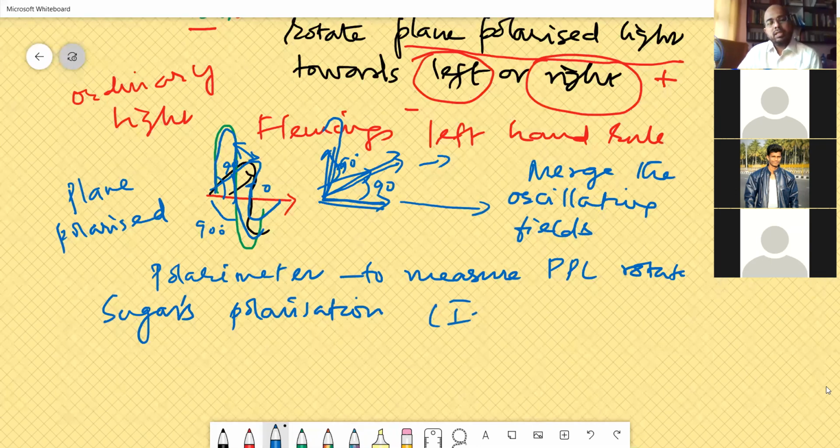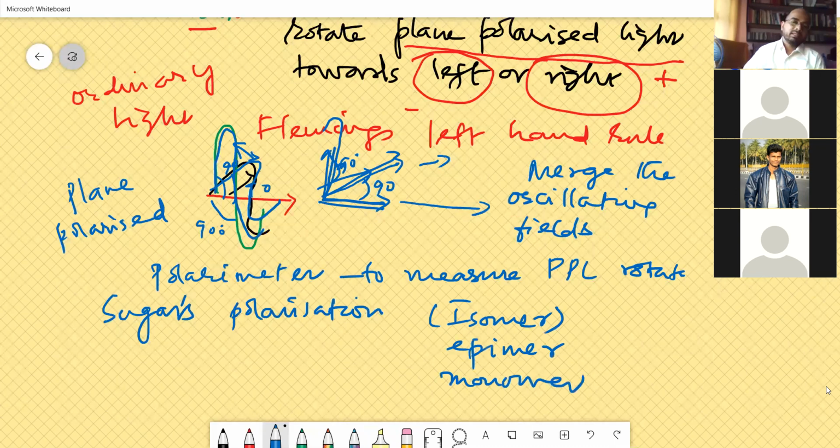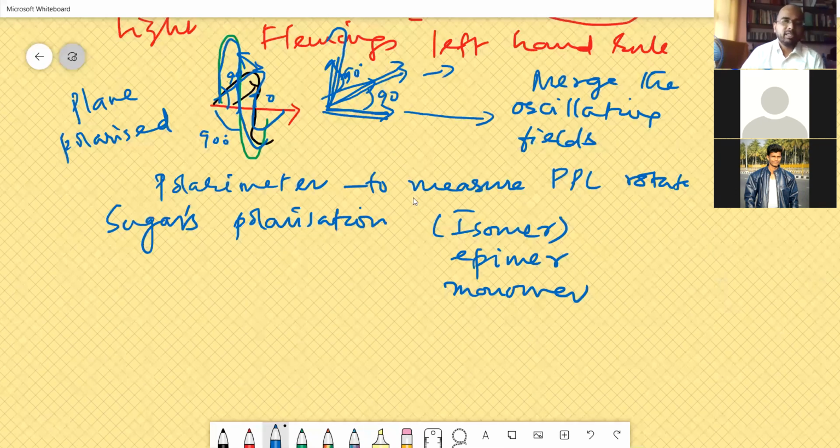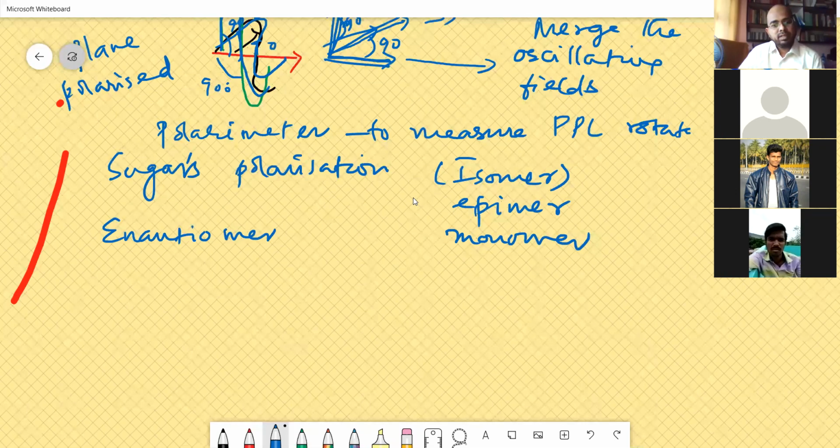Isomer, epimer, anomer. I have already explained all these things. Then you have enantiomer, then you have diastereoisomer.